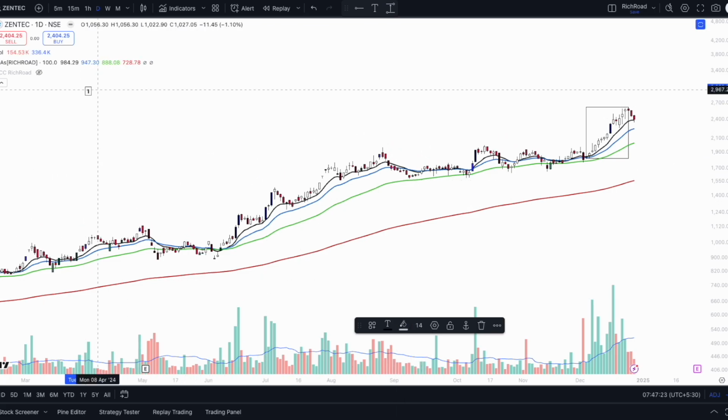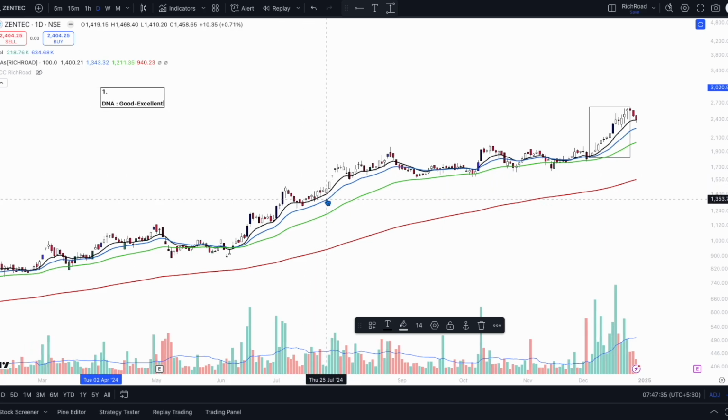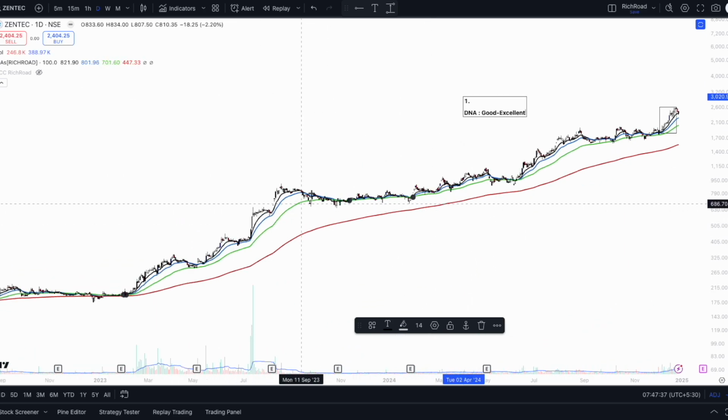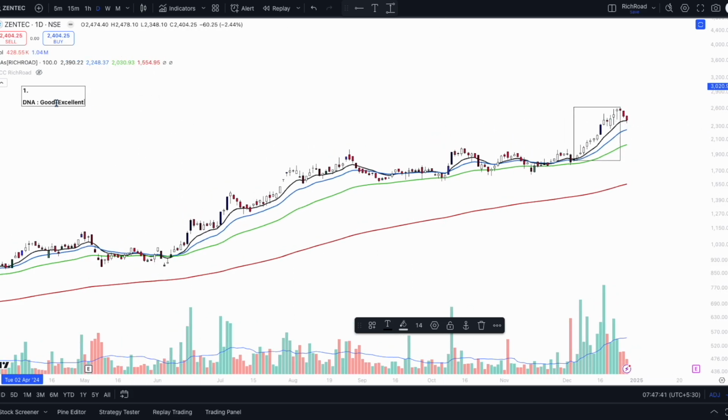So the first point, as we have seen, will always be the DNA, and the DNA is good to excellent. If I see the structure on the daily, it's pretty evident we are in a good uptrend. You can clearly see the structure here. So the structure becomes uptrend.